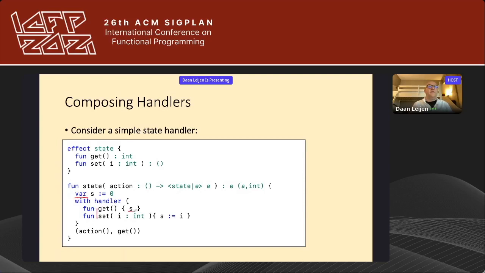So get just returns the current value, and set will update it. Again, I use local state to implement the state handler here. As you can see, it will do the action, and then left to right evaluation gets the final state as well. So it will return the result and the final state is an integer.